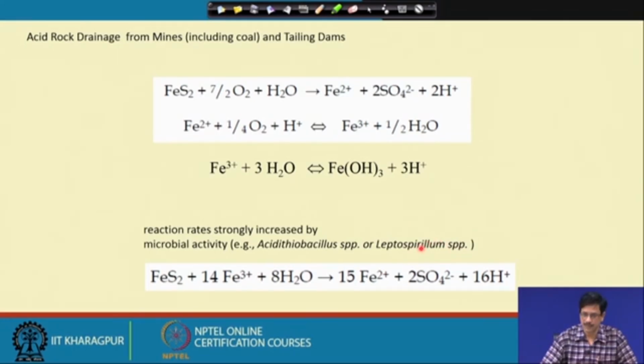This reaction could go on with the help of these bacteria. Since such bacteria grow in the natural environment, they have been identified and isolated, and are very well known for their role in generating this acid mine drainage.